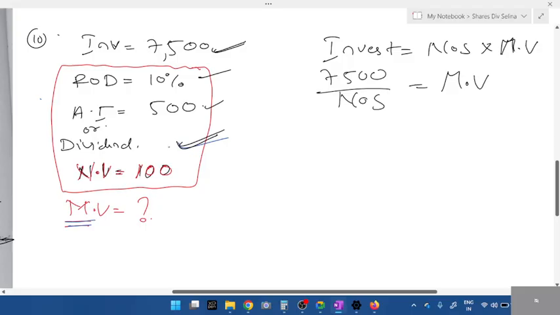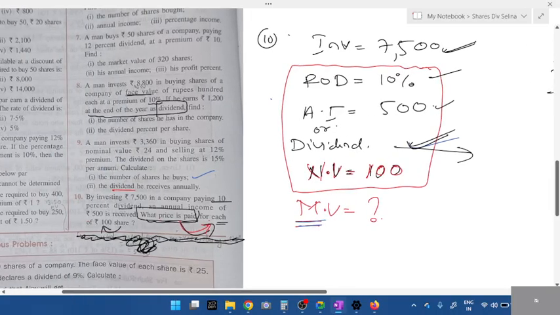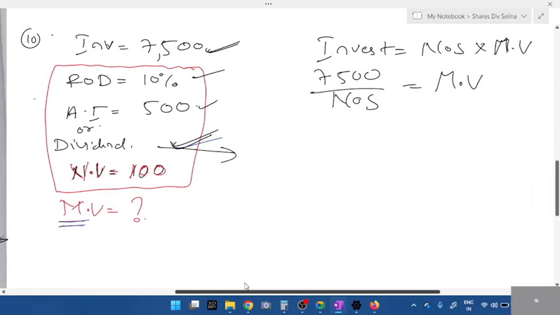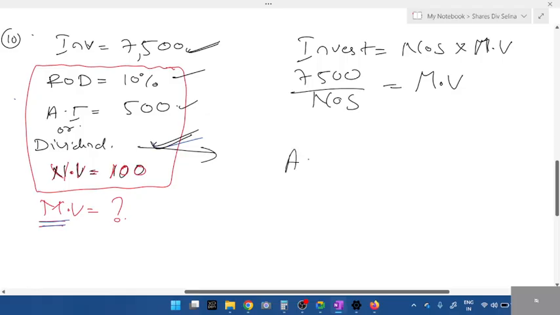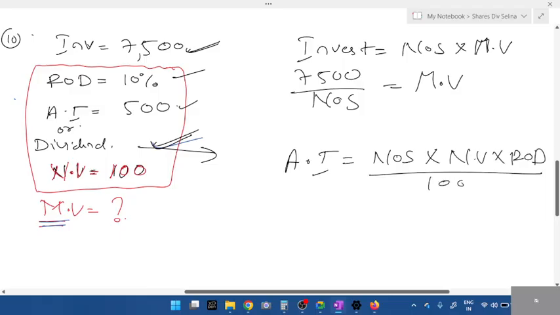Number of share you get from the dividend formula, or here they have given annual income. Look here. Annual income is 500. Both are same. So let me write annual income is equal to 500.